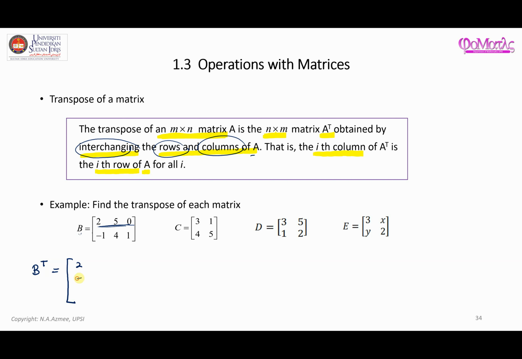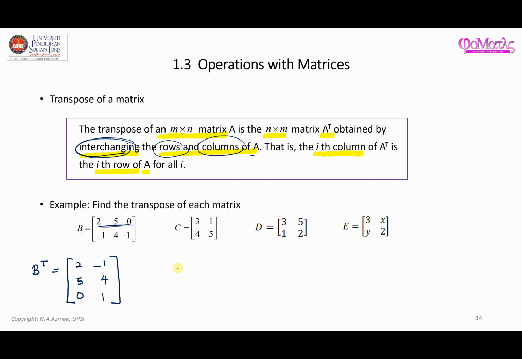So here we have 2, 5, 0. I'm just copying each element here and positioning them as a column. So this is the first row, which becomes the first column in the new matrix. This is the second row, and it will become the second column in the new matrix. So that's the idea of interchanging the rows and columns of the original matrix. So that is B transpose.